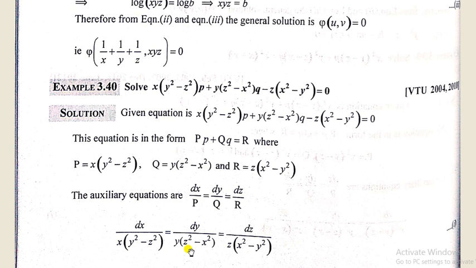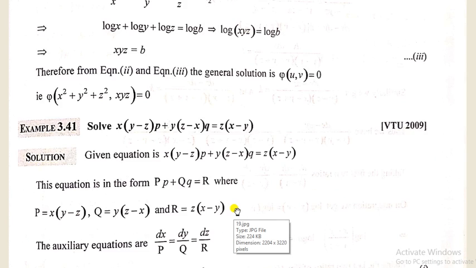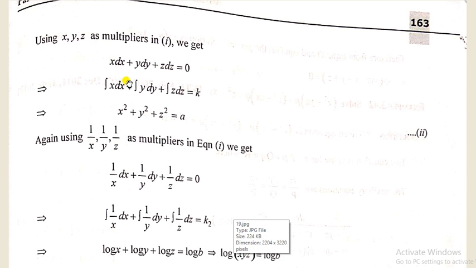Then multiply the second term by y. So y into y, y², gives y²z² − y²x². Then multiply the third term by z. So z into z, z², gives z²x² − z²y². After adding, the denominator term becomes 0. So finally we get x dx + y dy + z dz divided by 0.